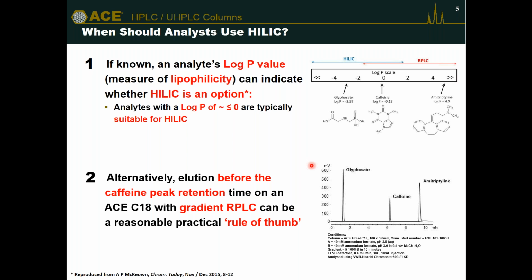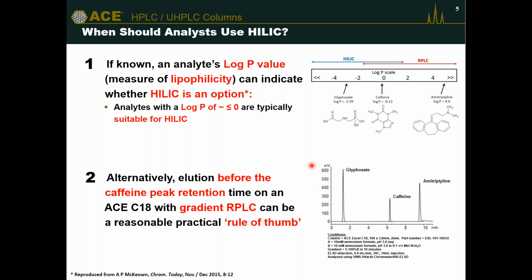And the general practical rule of thumb that we found in our laboratory is that if your compounds elute before caffeine, such as the example I'm showing here, then HILIC may be suitable. So you can either spike caffeine into your samples and see where it elutes with respect to the rest of the compounds in your sample, or standards, whatever you're using, or you can simply, like on the screen now, note the retention time of caffeine at 6.5 minutes.